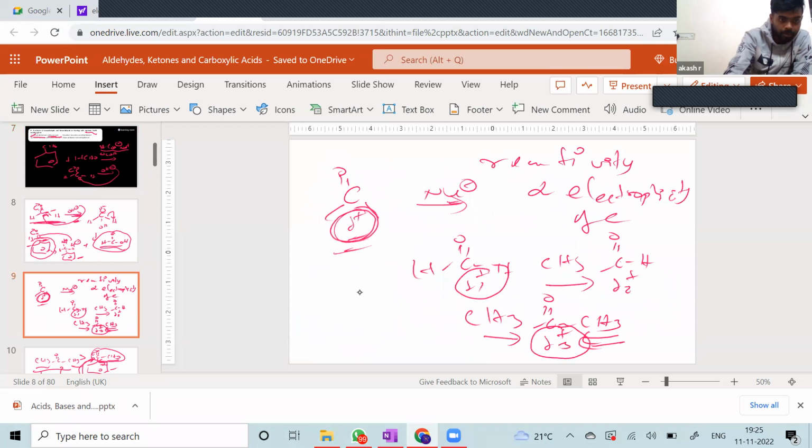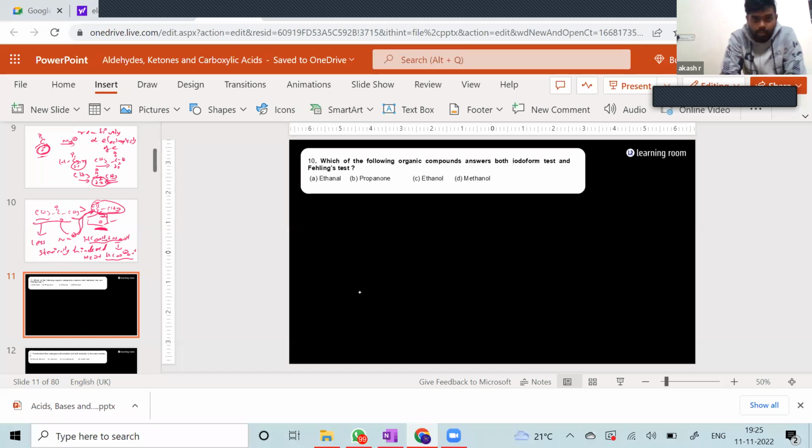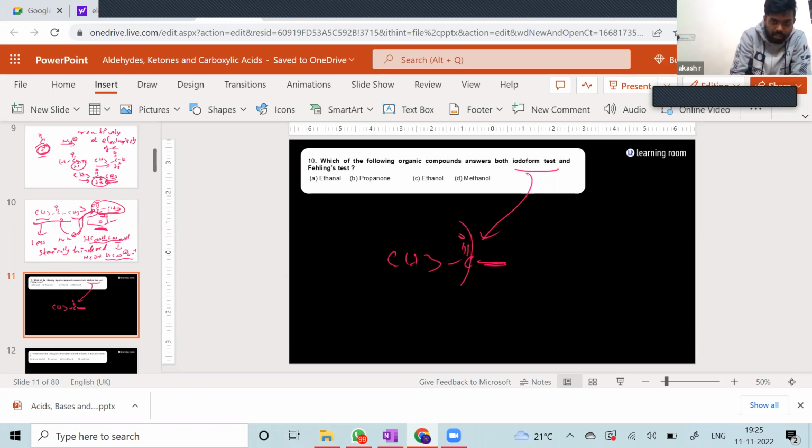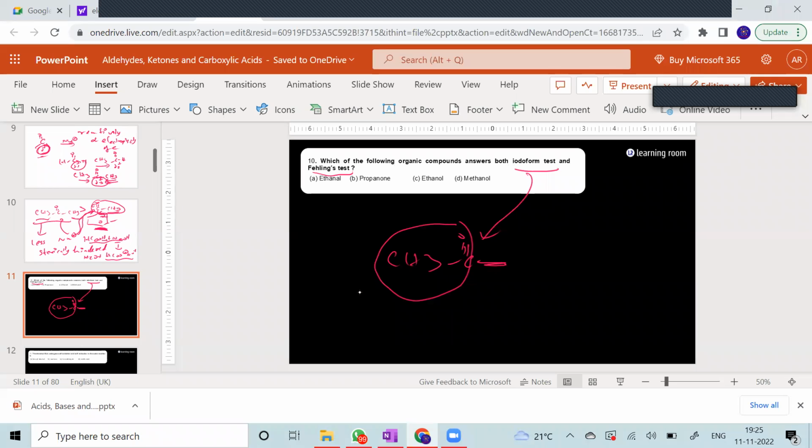Moving on. Which of the following organic compounds answers both the iodoform test and the Fehling test? First, for the iodoform test, what should be present? CH3C double bond O, this particular side group must be present. And Fehling's test is given by aldehydes only.